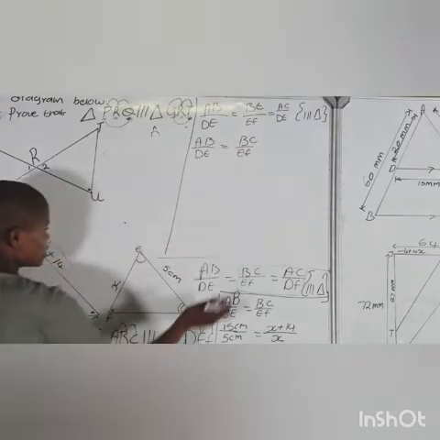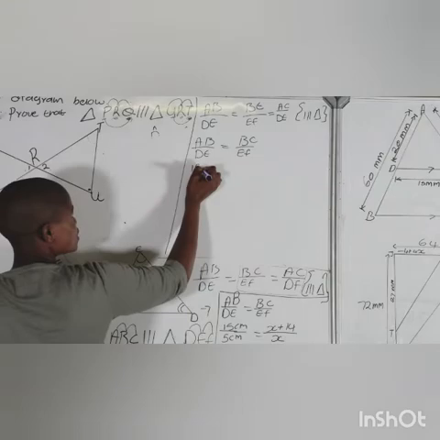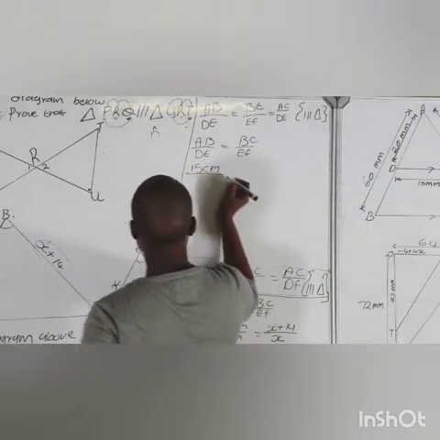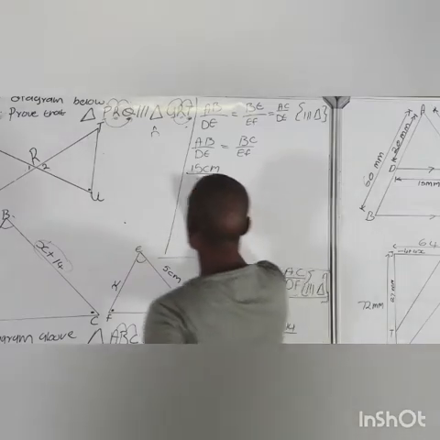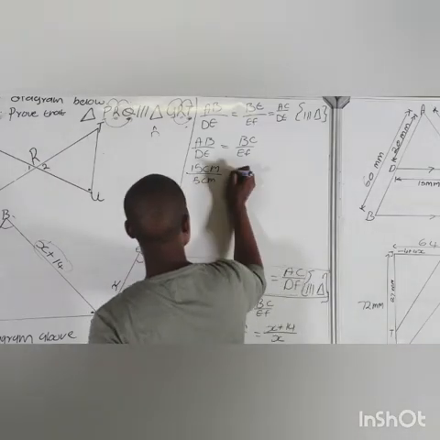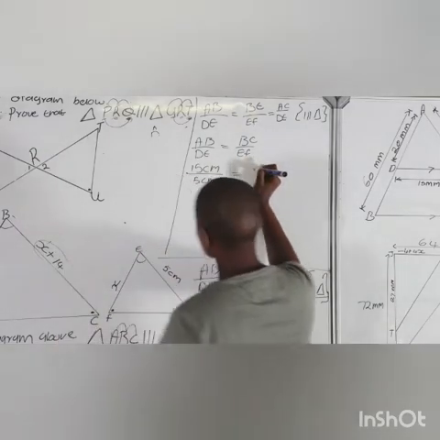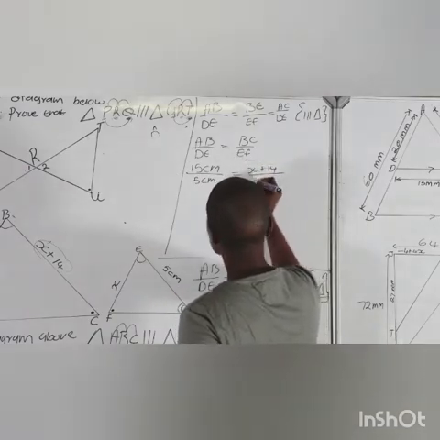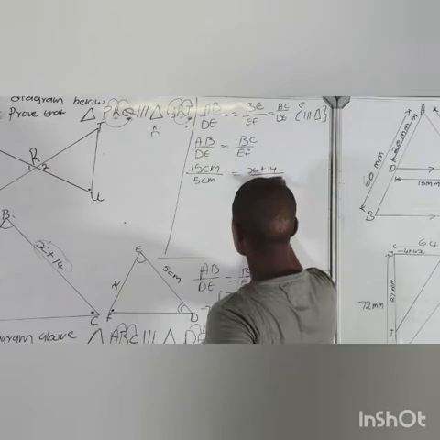Okay, AB, what is the value of AB? It is 15 centimeters. Remember, I am given. Divided by DE, I'm also given, which is 5 centimeters. It is equals to BC, I am given, it is X plus 14. And then EF, it is X.